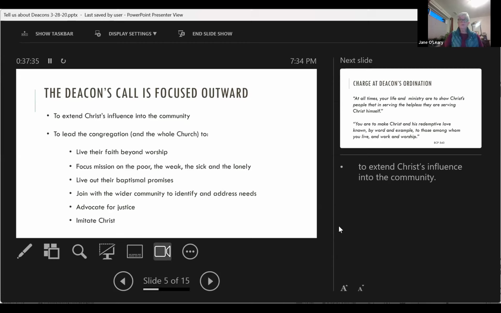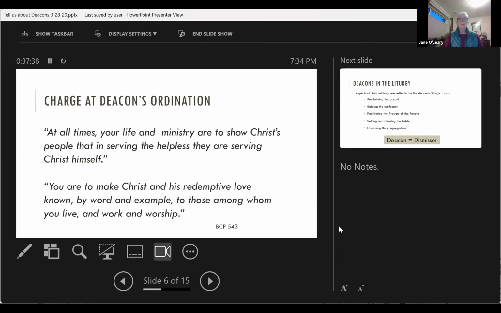That's the leadership we're ordained to provide. These are some of the phrases from the deacon's ordination service. Okay, so is this helping you to get the flavor?